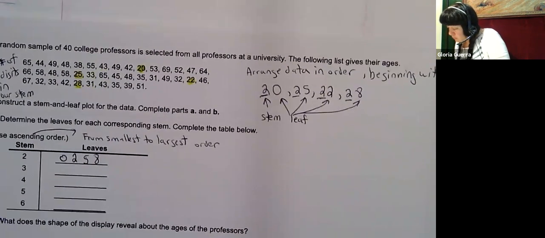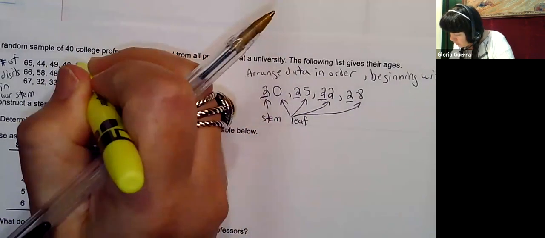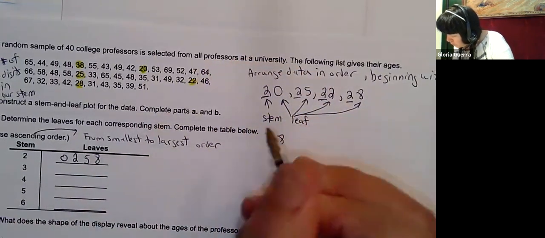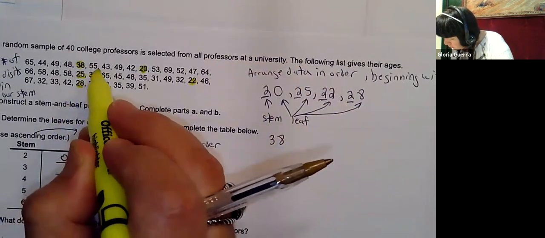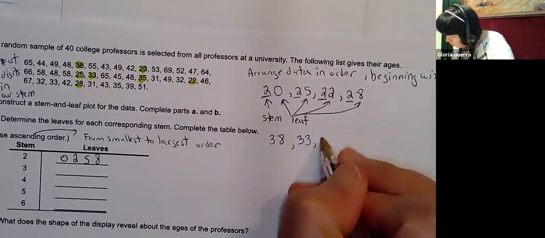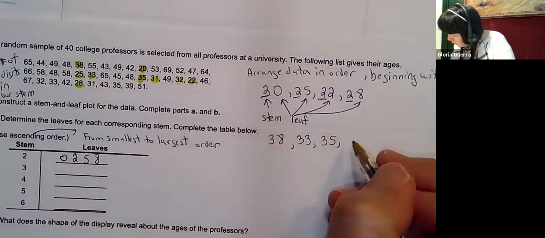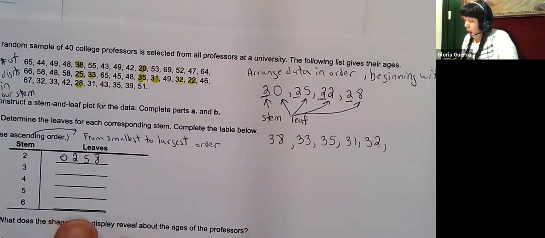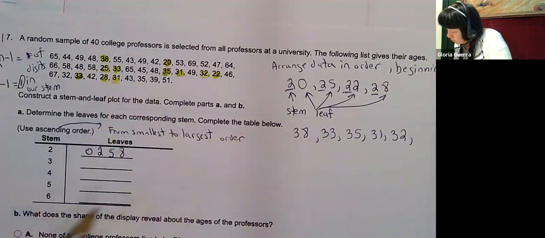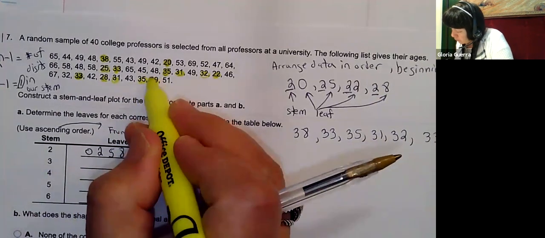All right, so let's see. For 3, if I start with 3, where's my highlighter? If I look at 3, I have 38. Next, 33, 35, 31, 32. Okay, last row: 33, 31, 35, 39.